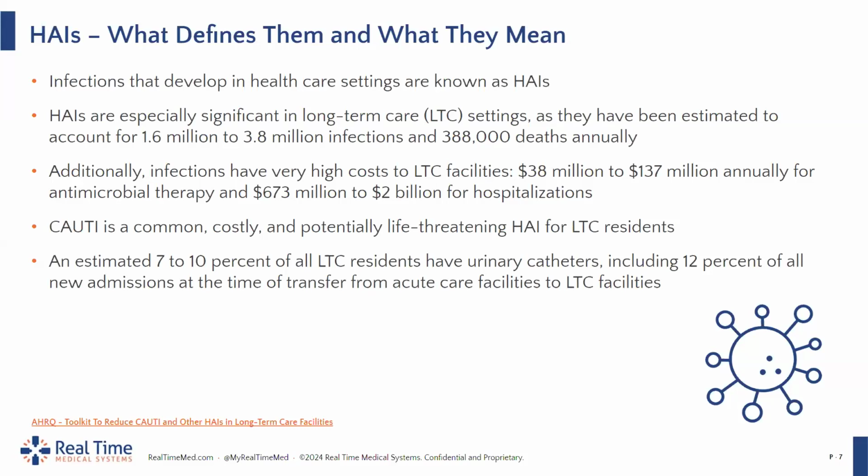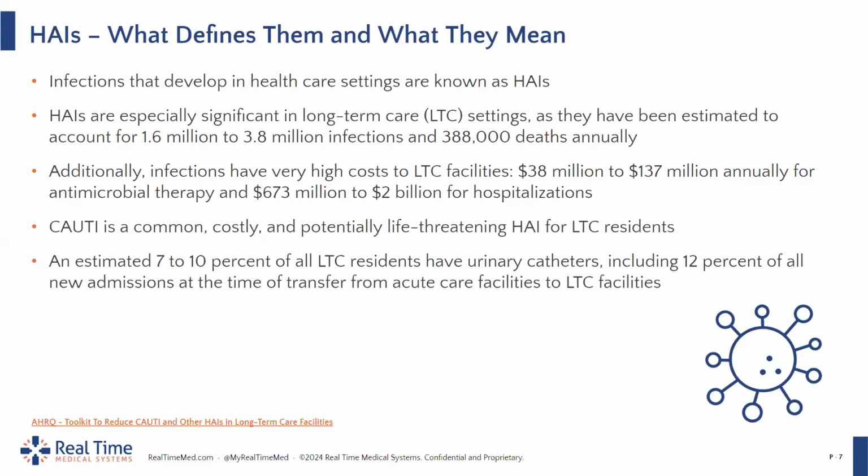So when we talk about our HAIs, I think it's staggering to look at those statistics, that they account for 1.6 million to 3.8 million infections and over 350,000 deaths annually. You know, they're saying 388, and that's a lot. The cost is also staggering. You know, 38 million to 137 million annually.